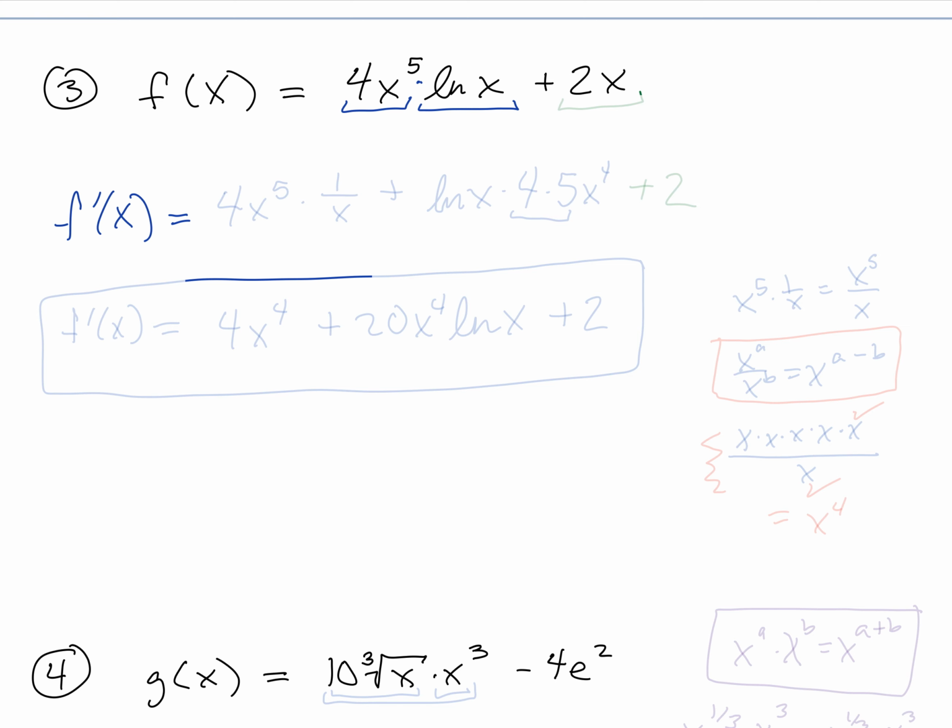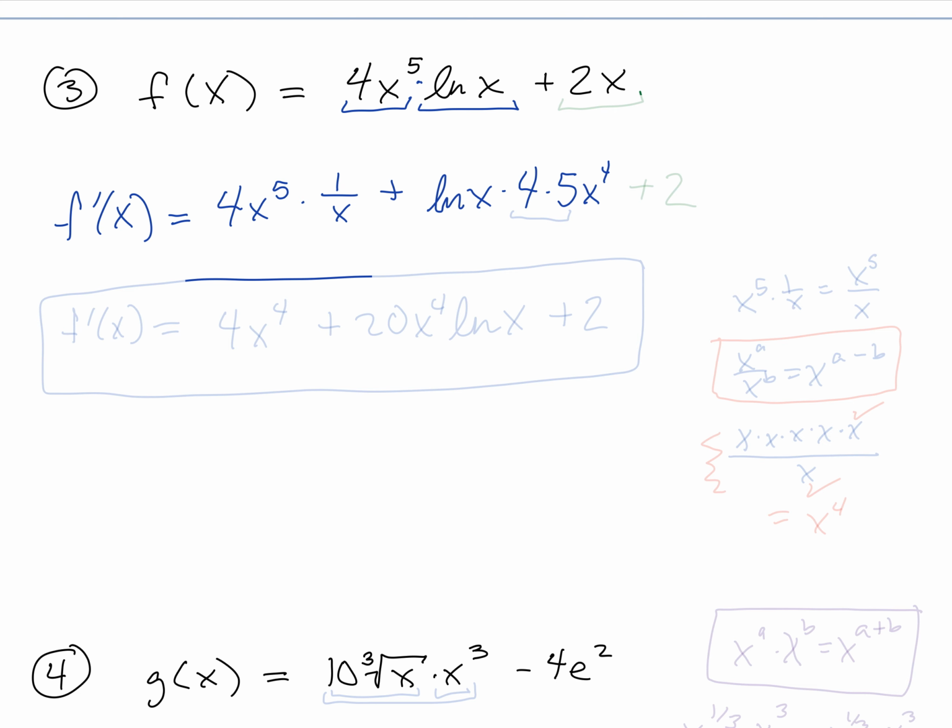So the first is 4x to the fifth, not taking the derivative, just writing it down, times the derivative of natural log of x, which is 1 over x, plus the second, natural log of x, times the derivative of the first. The derivative of 4x to the fifth using the power rule is 4 times the derivative of x to the fifth, which is 5x to the fourth.